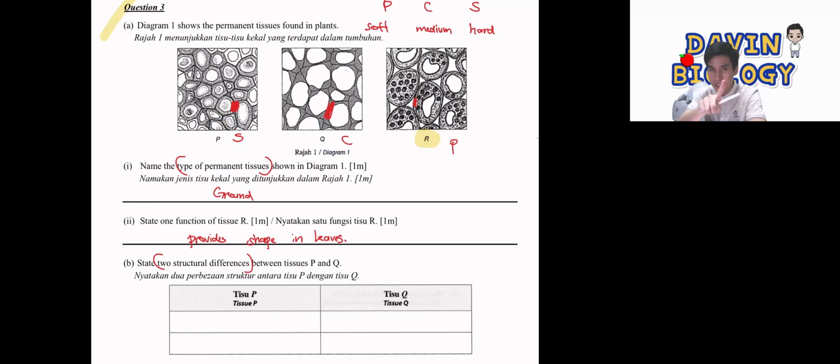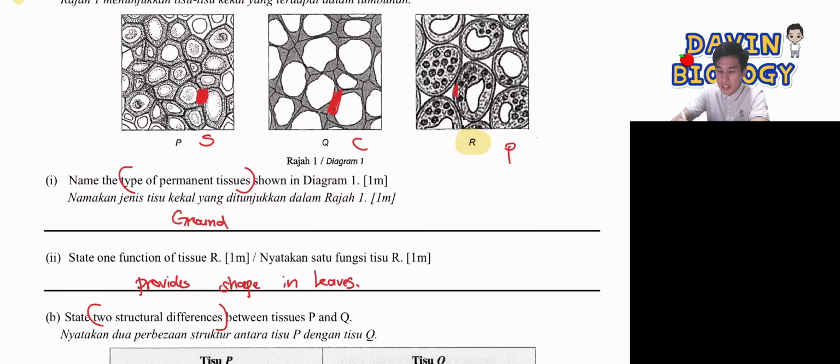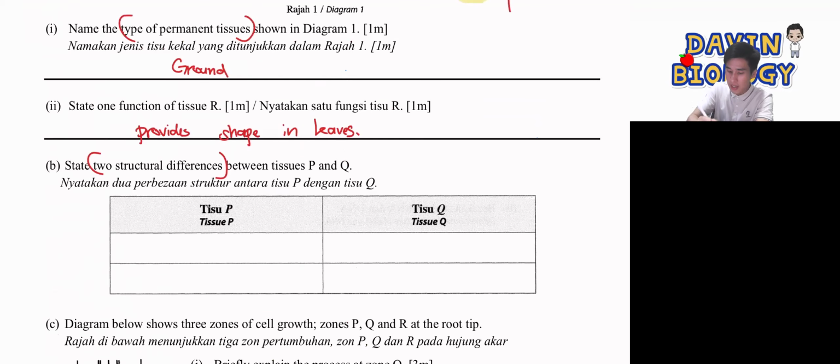Don't write about the size of the cell. That one is not a difference. You can mention the cell wall. So P basically has thinner cell walls, and this one has thicker cell walls.